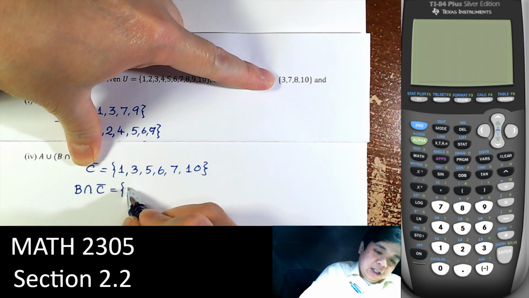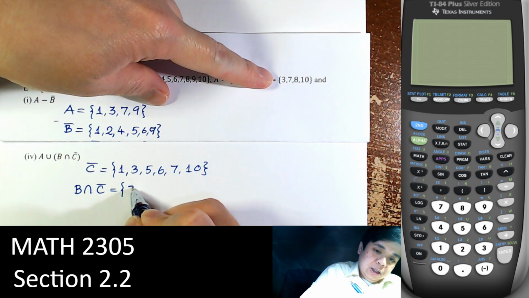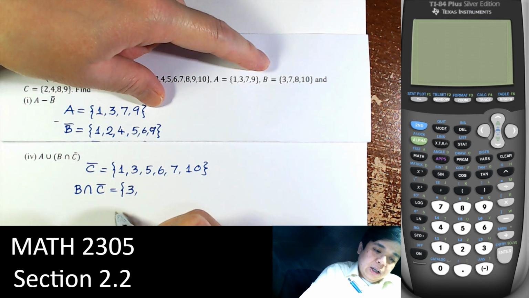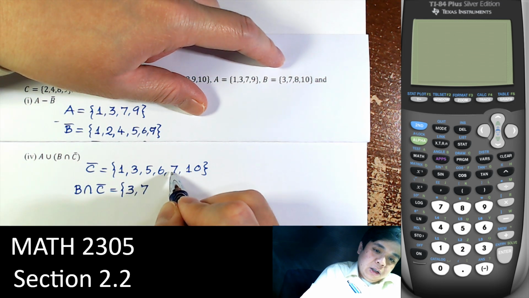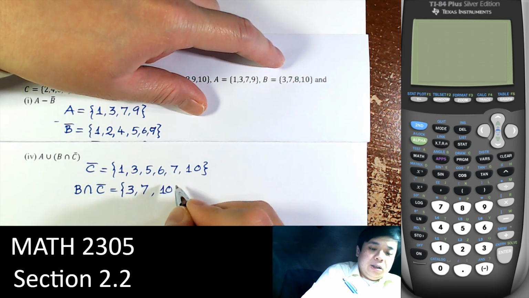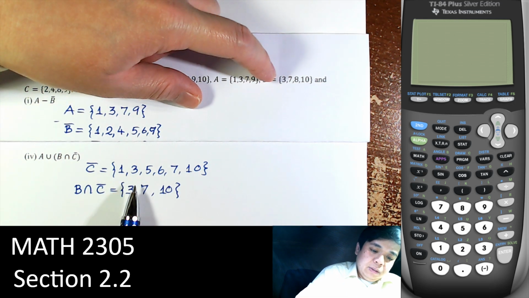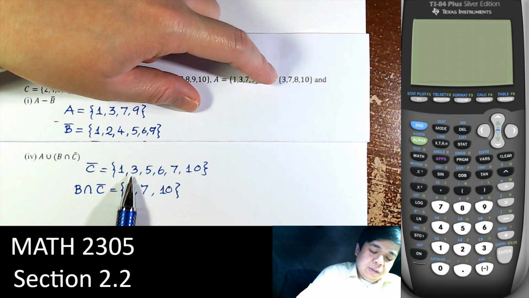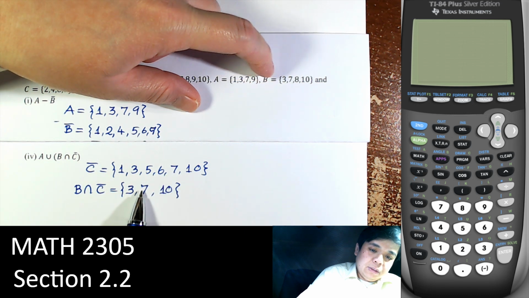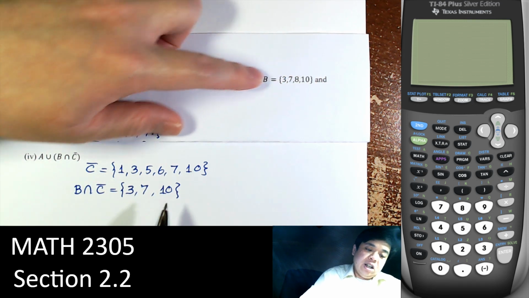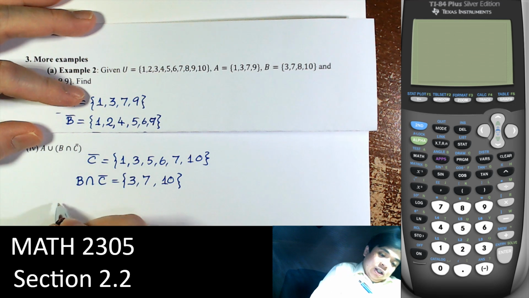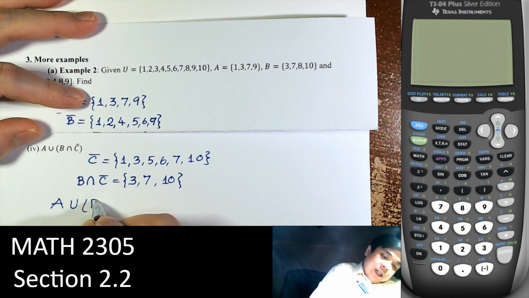The 3, the 7, and the 10. Yeah, so that is the intersection. And then we find the union with A.